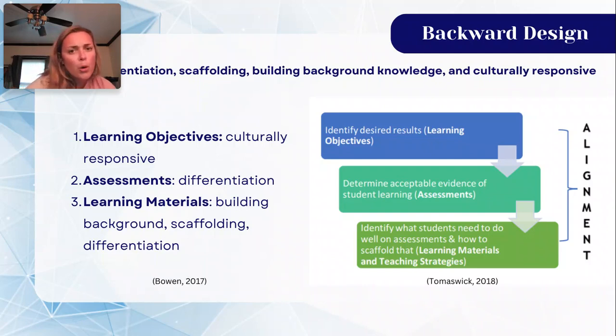Do you have posters? Do you have a hands-on experience? This is where you're differentiating based on how you create your activities, but also how you differentiate your scaffolds as well, and how you put them all together, because you know what you want them to do, so then you can create backwards on how you want them to show that knowledge.